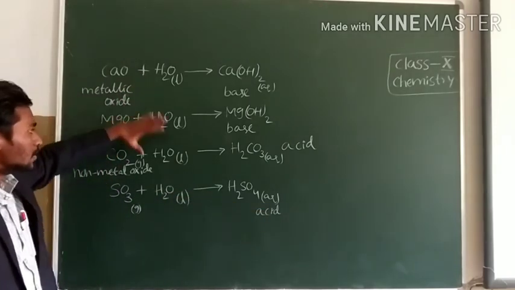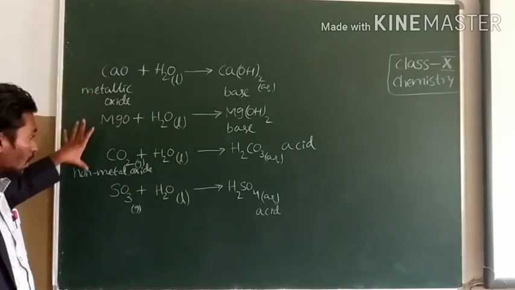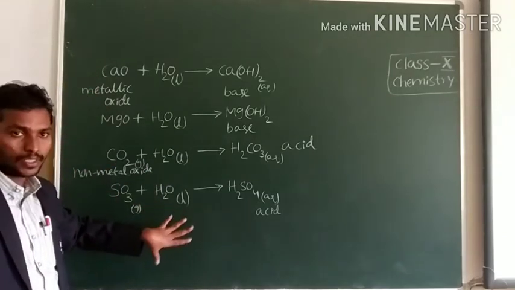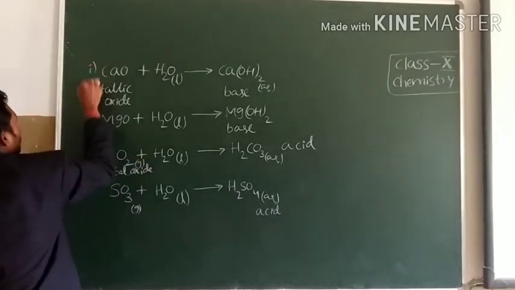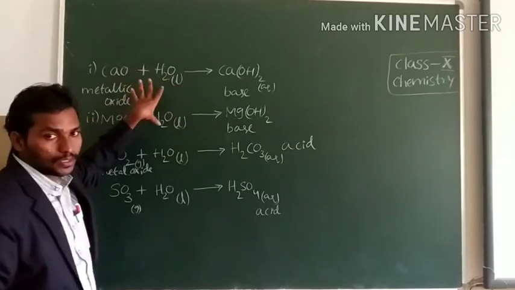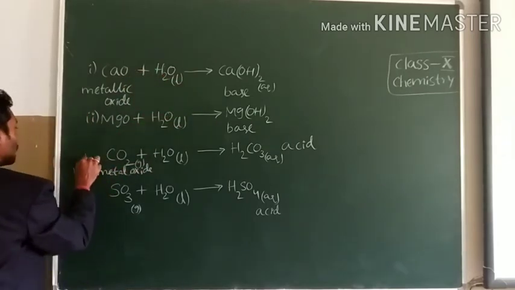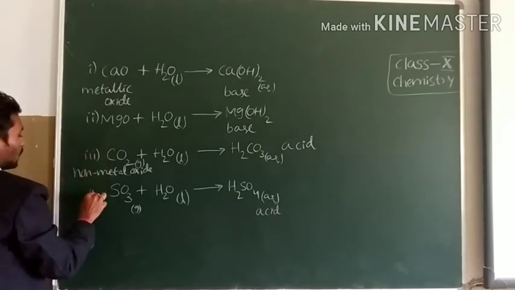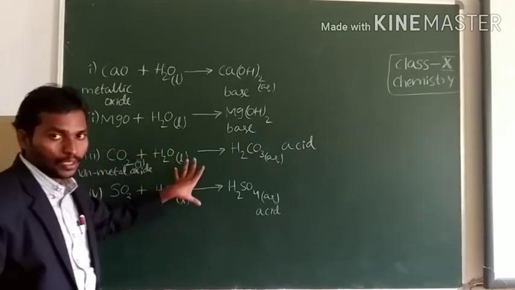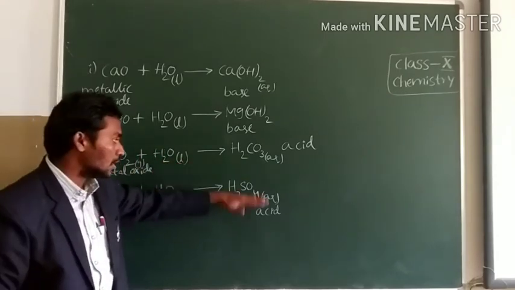So based on this, we can say that metal oxides are basic in nature, non-metal oxides are acidic in nature, because equation 1 and equation 2 are examples of metallic oxides and water. And equation 3 and equation 4 are examples of the reaction of non-metallic oxide and water, which produce acid.